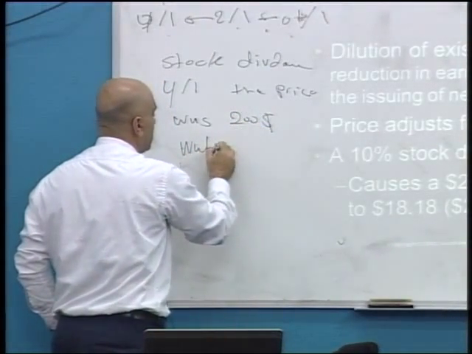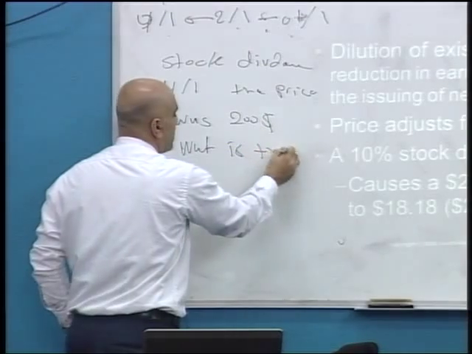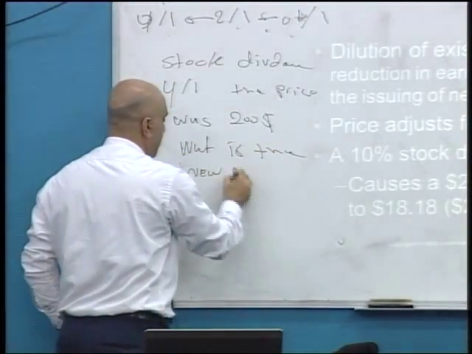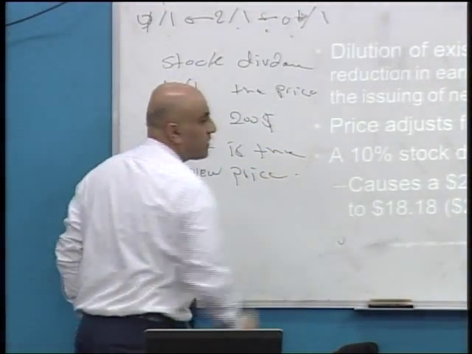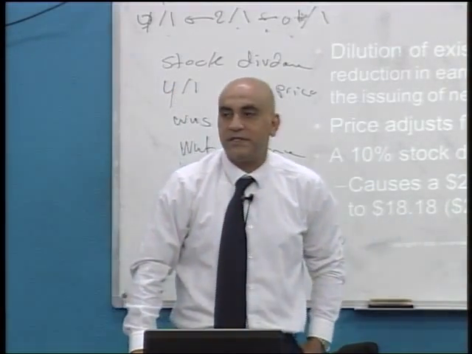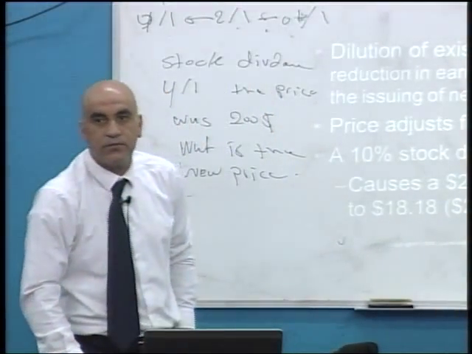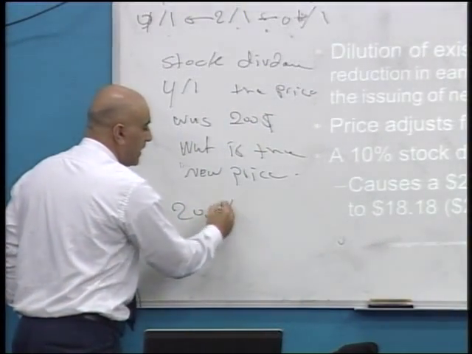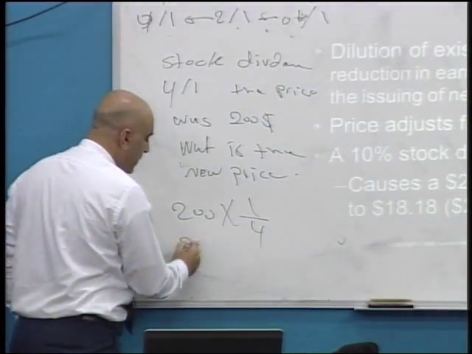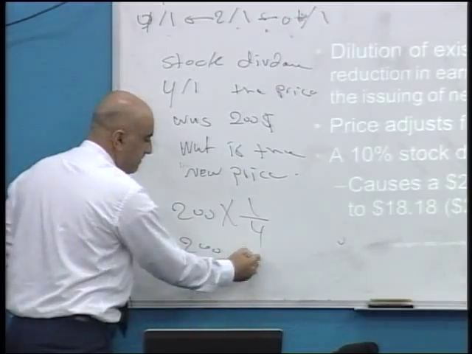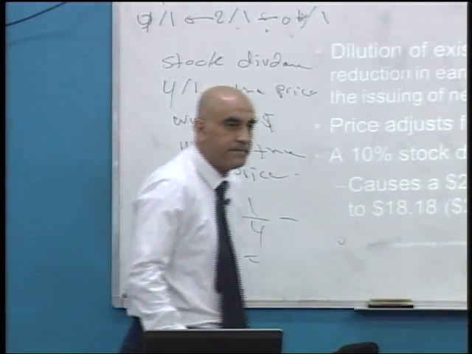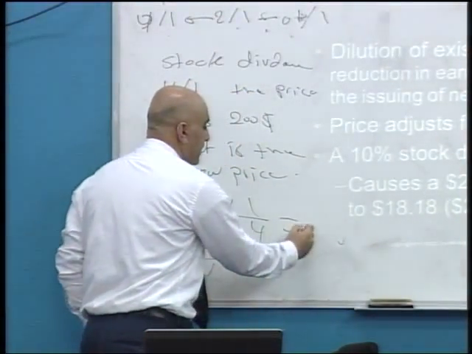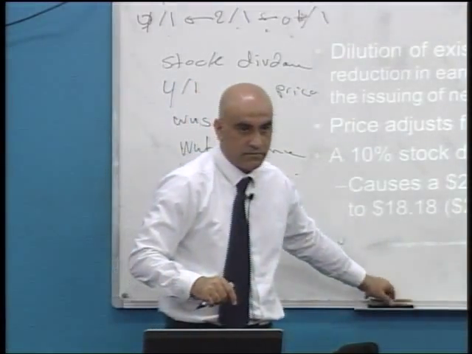What is the new price? Okay, do your calculation. It's very simple. Either you do 200 times 1 divided by 4, or 200 divided by 4, which is $50.